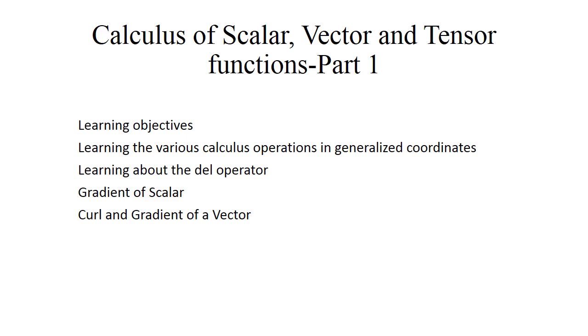What does it mean and how you carry out the operation, I'll just do a quick review of that. And the curl and the gradient of a vector, this is going to be a little bit new to you. I'm not sure about the curl. Curl might have been taught again in vector calculus, but definitely gradient of a vector may not have been taught earlier.